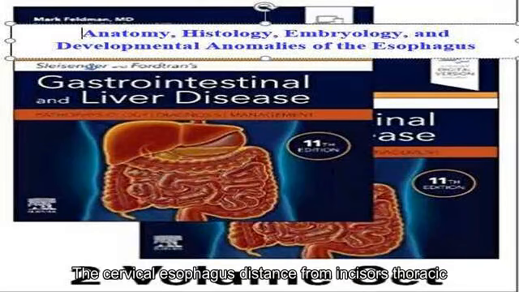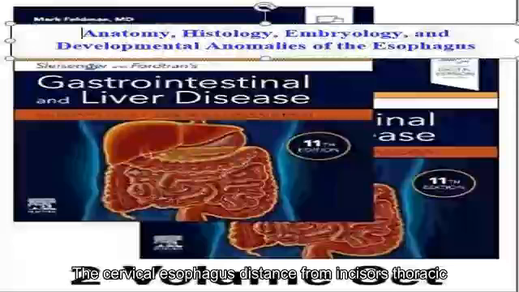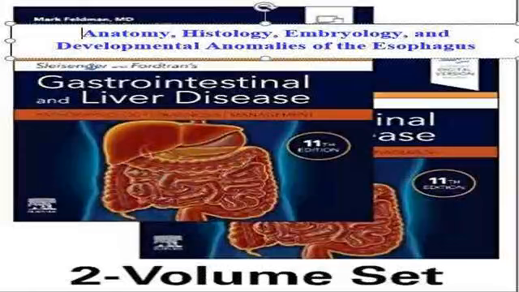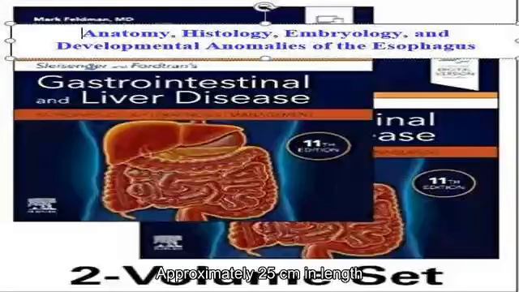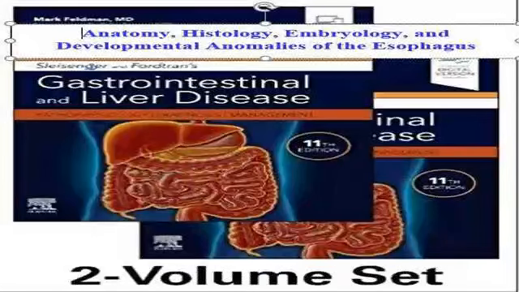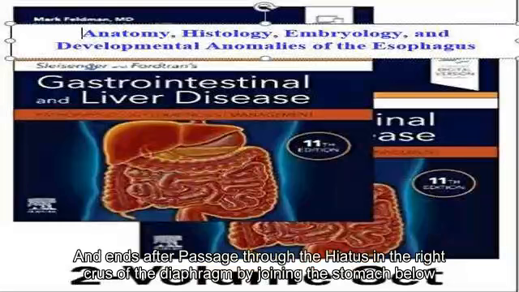Fig. 43.1 Anatomy of the esophagus and its relationship to adjacent structures. The esophagus, approximately 25 cm in length, originates in the neck at the level of the cricoid cartilage, passes through the chest, and ends after passage through the hiatus in the right crus of the diaphragm by joining the stomach below.